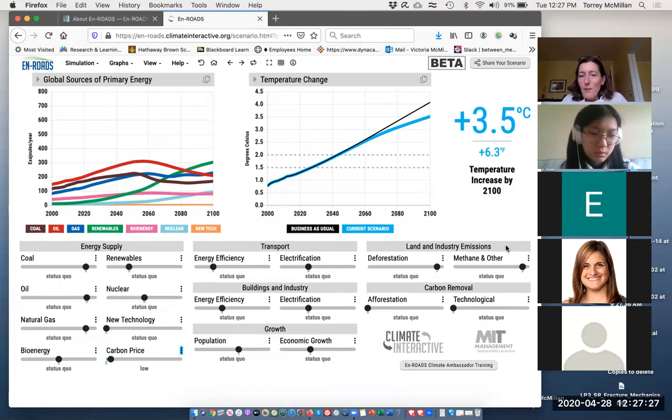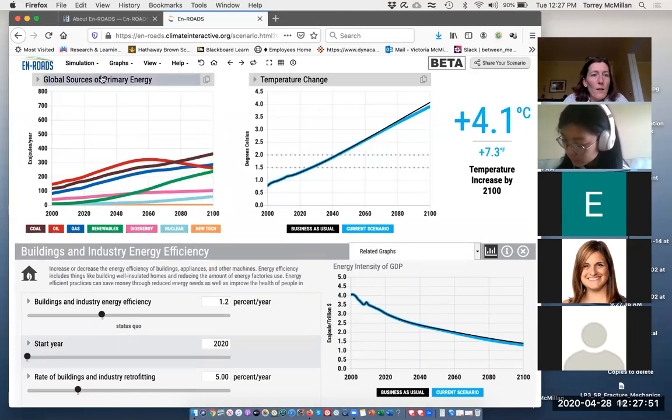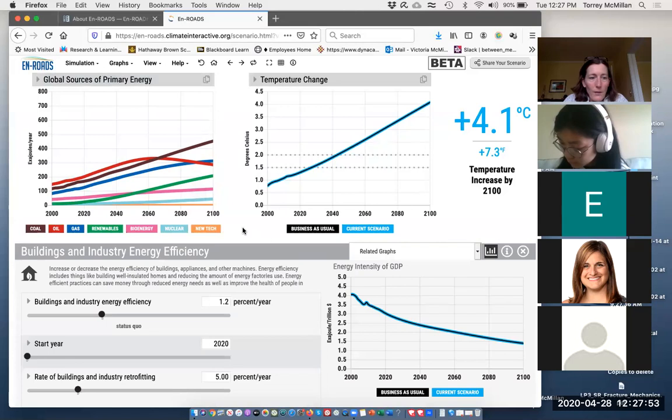Adults who are in this, you can chime in. Can you increase the energy efficiency of buildings and industry? Yes. Let's see what our subtoggles on that are. And I'm going to clear out the carbon price so we can see it exclusive of the carbon price.